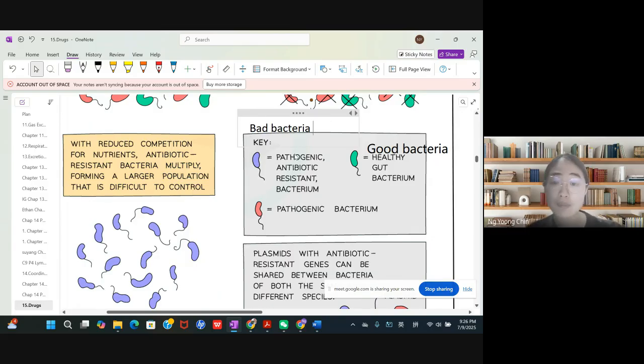One is pathogenic, and this pathogenic bacteria carries the antibiotic resistant gene. Some bad bacteria do not carry this antibiotic resistant gene, so that's why they are easy to be killed by the antibiotic.